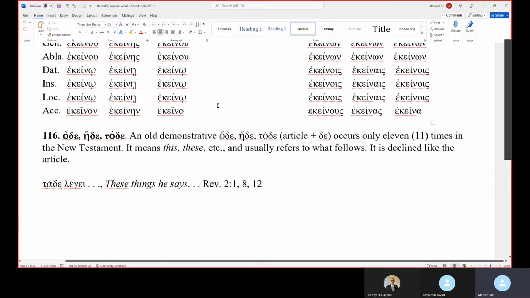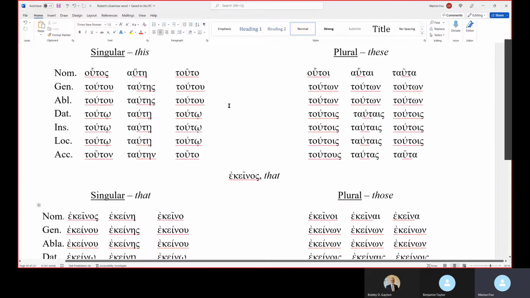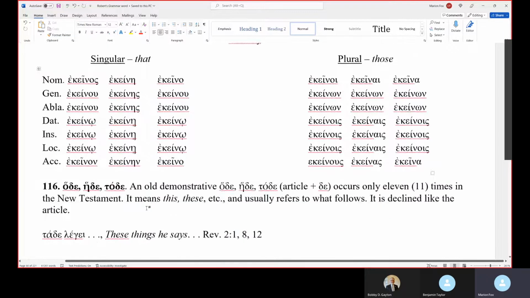Hutoi, ikaine right there. Hutoi is over here. That's plural. That's masculine. Nominative, plural, masculine is what that is. And this one up here was feminine, nominative, feminine, singular.